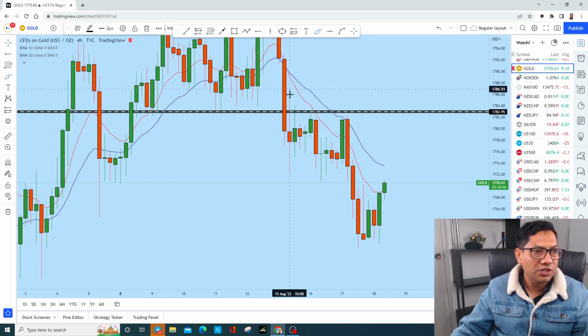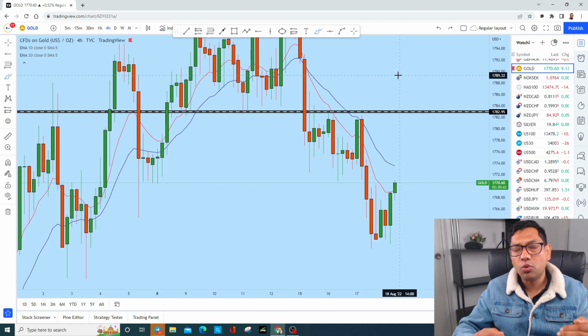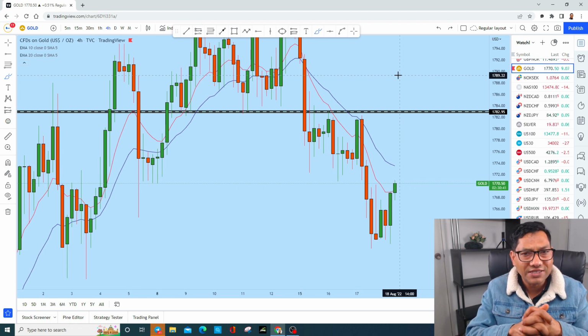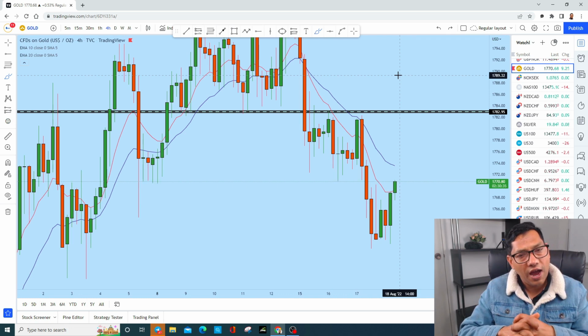If you traded this one, it's a profitable trade. If you traded this one, also profitable. That is the power of this order block. Now let's see quite a few examples so that you can understand clearly how to identify an order block and how you can trade it with high probability.